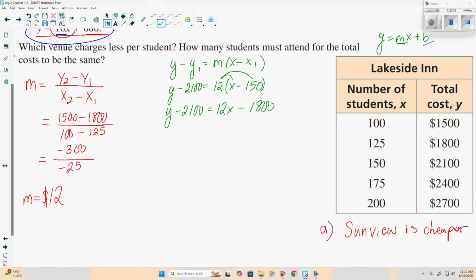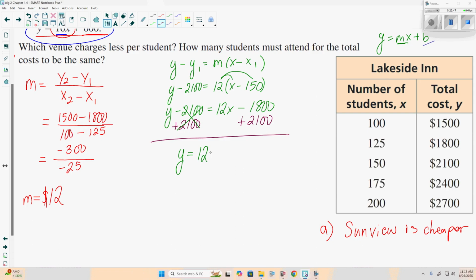Is y by itself? What do we need to do to get y by itself? Almost. So we're going to add 2100 to both sides, because negative 2100 plus 2100 is 0. So that does give us y by itself.